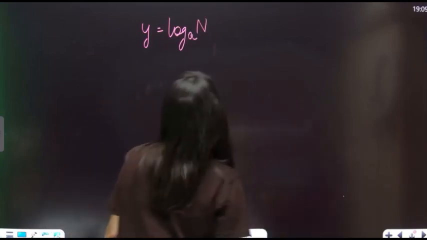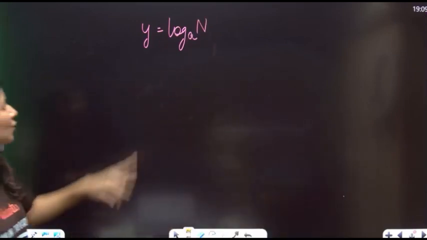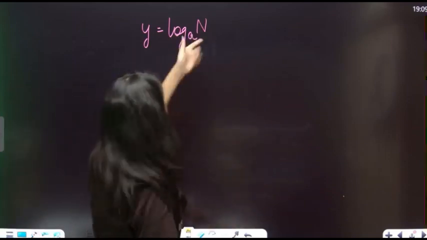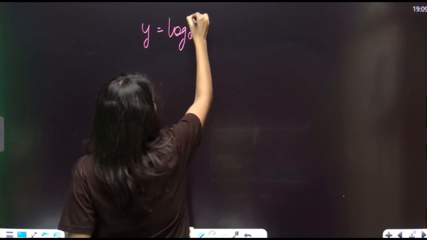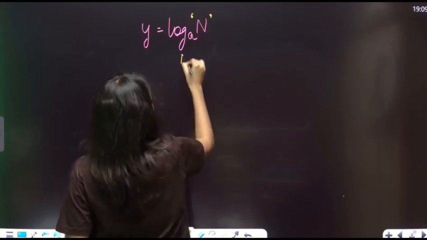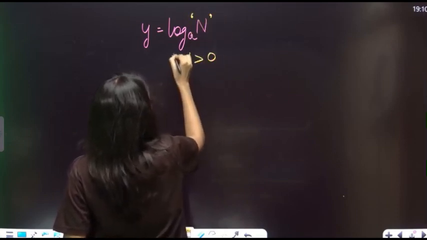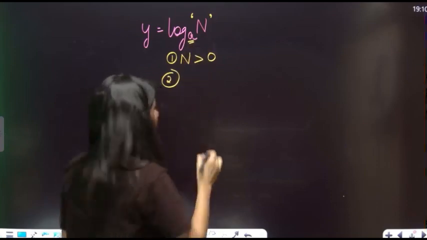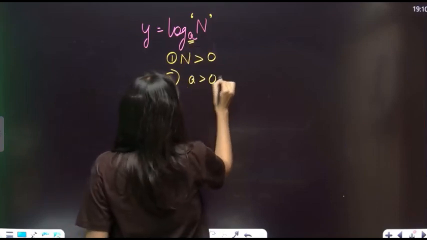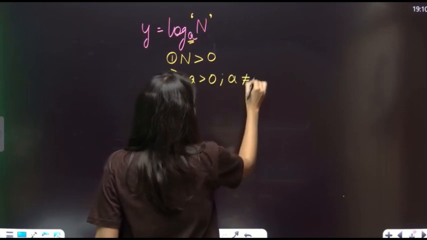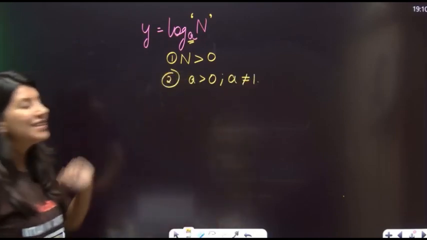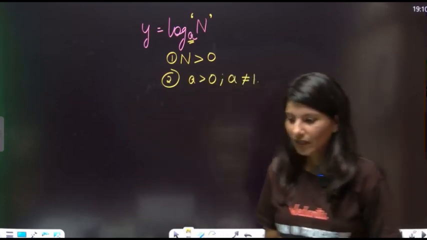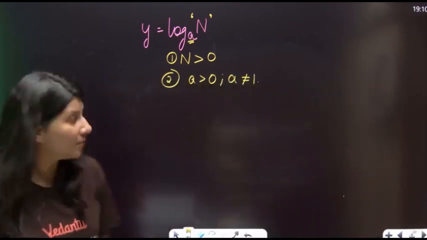The number which you are seeing over here will always be positive. Second, the base will also be positive, but at the same time, it can never be 1. Just remember these two things and you are done with the logarithm domain.